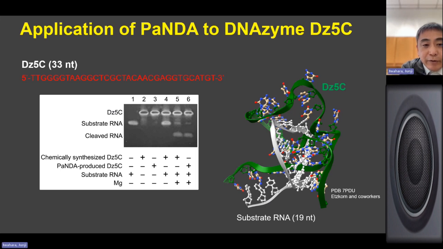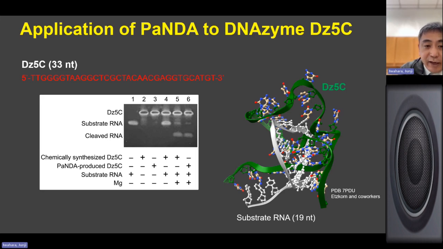Okay, and we also used PaNDA for a DNA enzyme, DZ5C. This DNA enzyme was reported by the Silverman group recently, and we confirmed the catalytic activity of DZ5C produced by PaNDA, and it is indeed catalytically active.